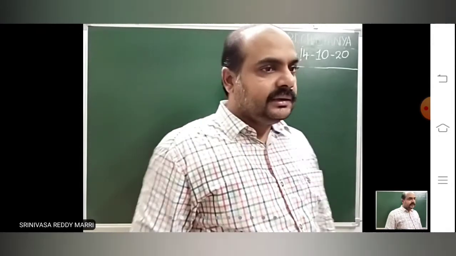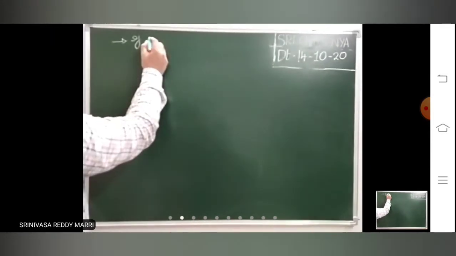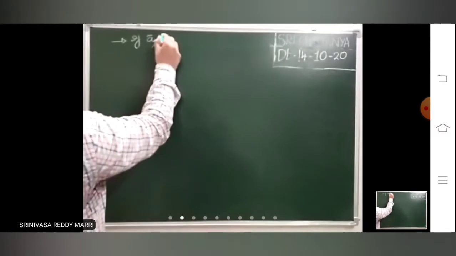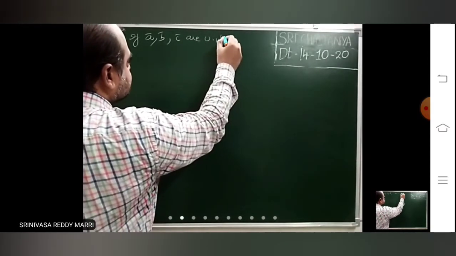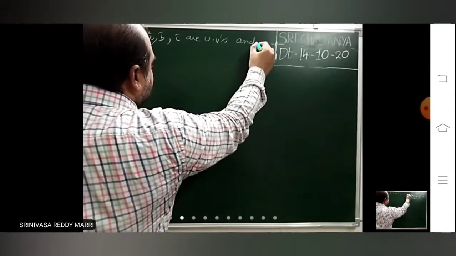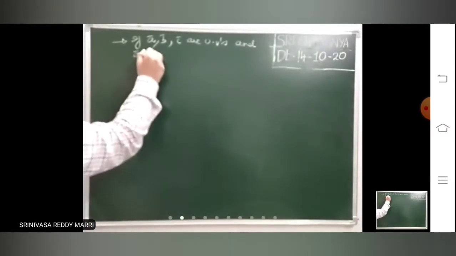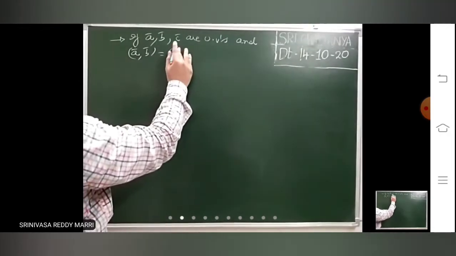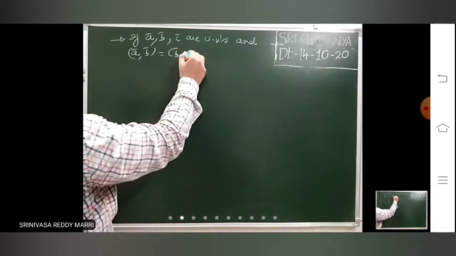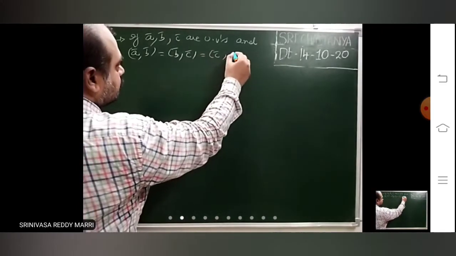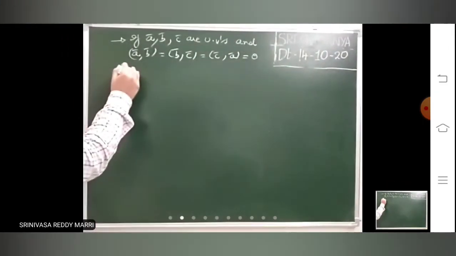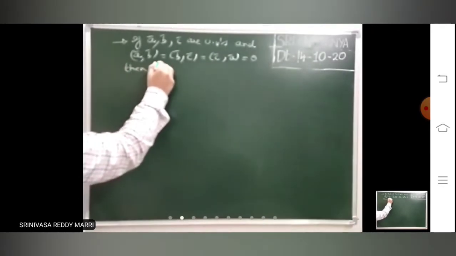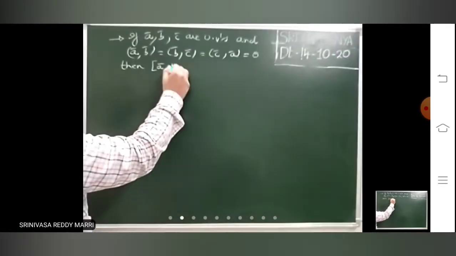Look at the direct formula. If A bar, B bar, C bar are unit vectors and the angle between each pair is theta, let us say, then look at this very important formula.